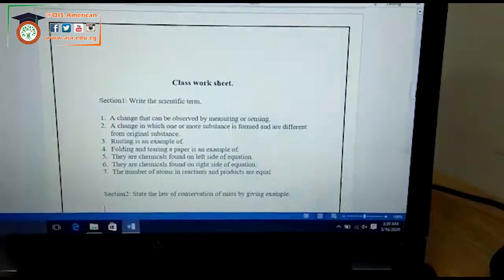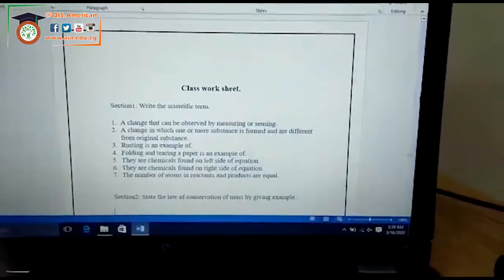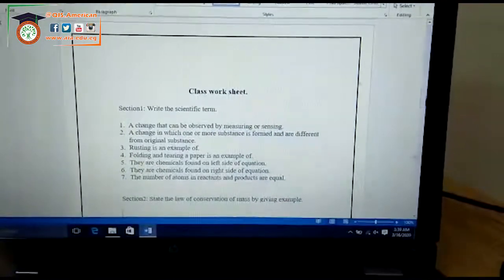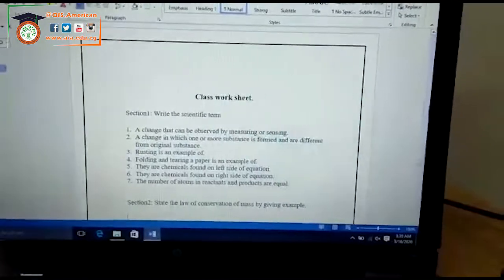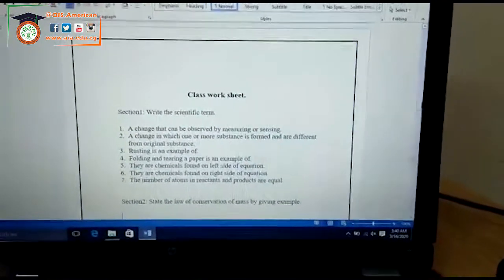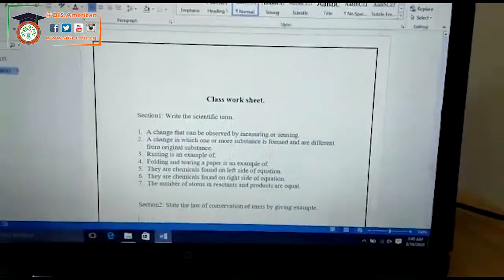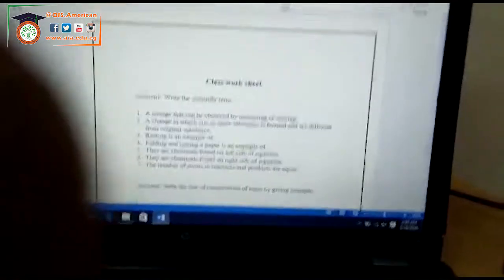We have here Na plus Cl, sodium plus chlorine, equals NaCl. So we have 1 atom of sodium in the reactants and 1 atom of sodium in the products. 1 chlorine in the reactants and 1 in the products. So the number of atoms in the reactants and products are equal.